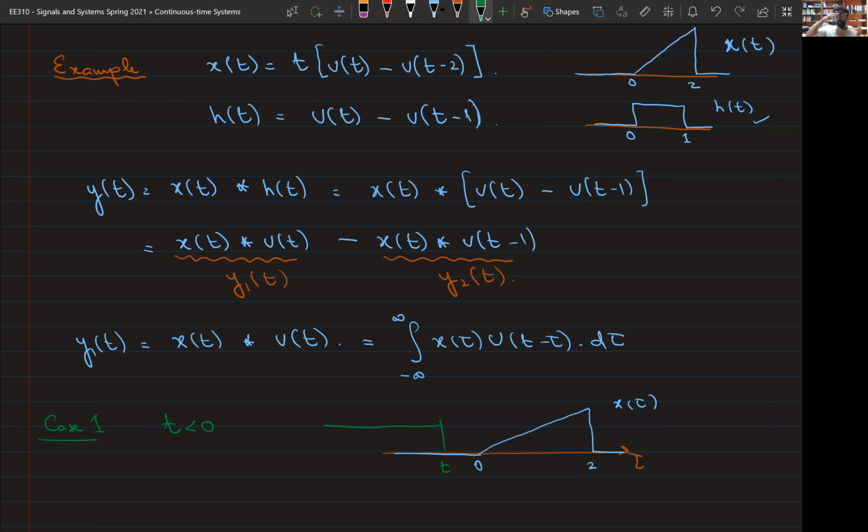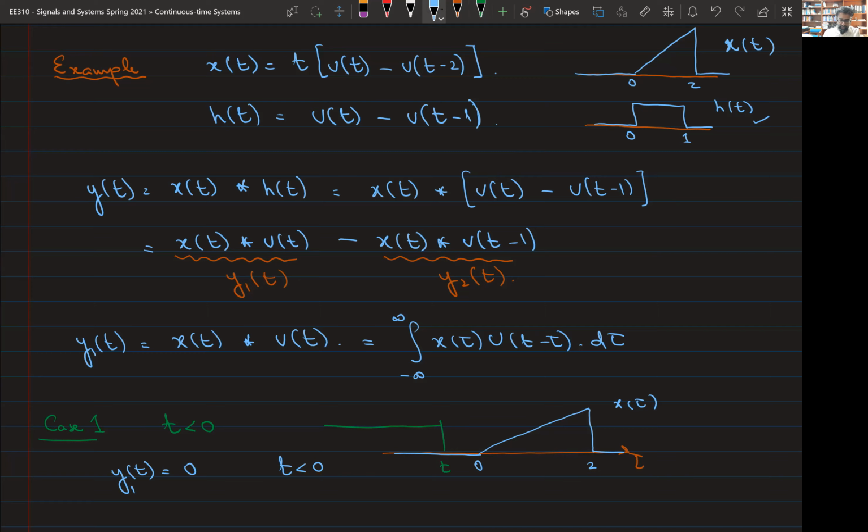Right? If I multiply them together, as Hassan rightly points out, I would have no overlap. And when I integrate it, the answer is going to be 0. Right? So therefore, y1 of t for t less than 0 is equal to 0.